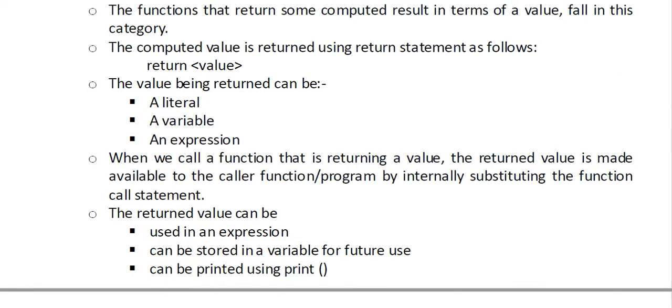The square function will be executed. It will give the result back, and that square bracket 5 will be replaced by that value, and you can get the complete result. Okay, and second one, you can store it in a variable if you require it for future use in the program, or you can directly print it using the print function.